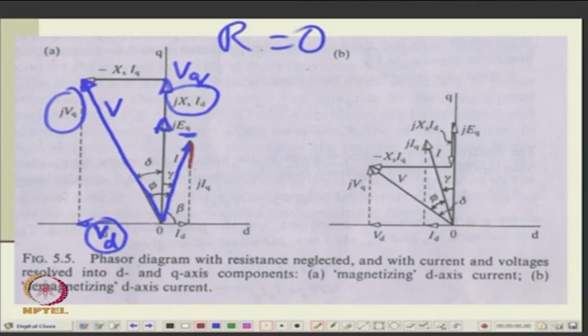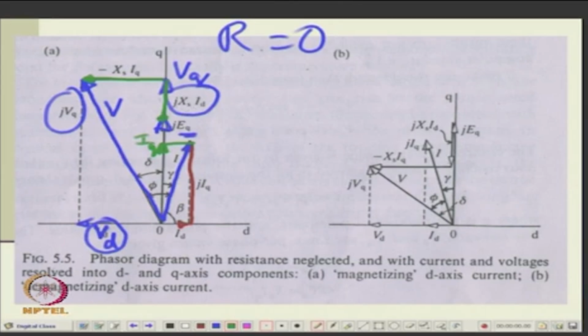and it will have a D component which will be I cos beta or I sin gamma, and it will have a, let us say, Q component. And to VQ you add minus XS IQ here, and you also add to this XS ID, isn't it?